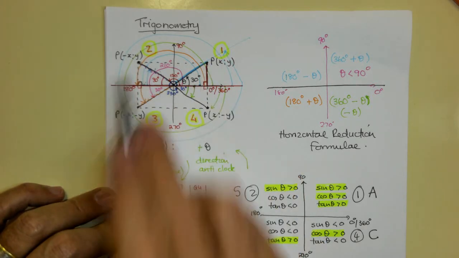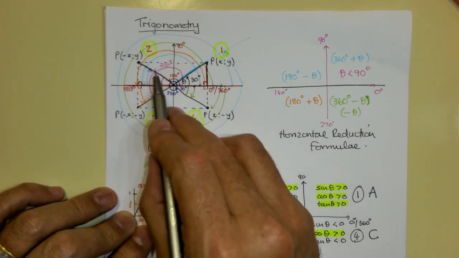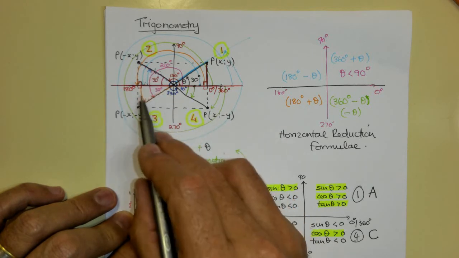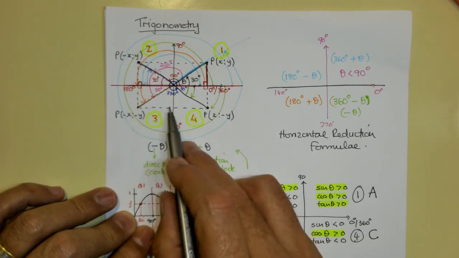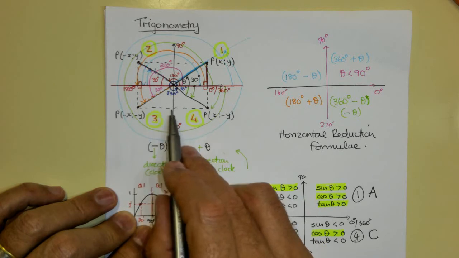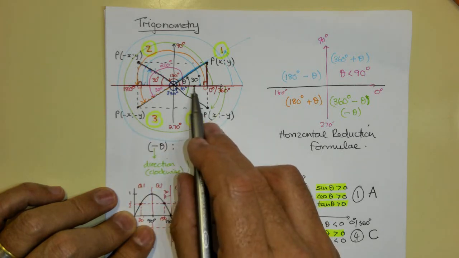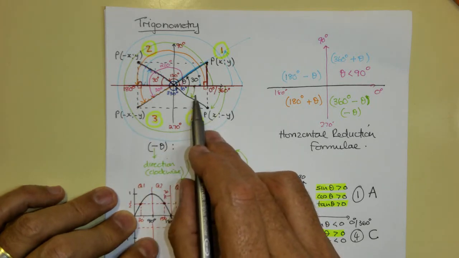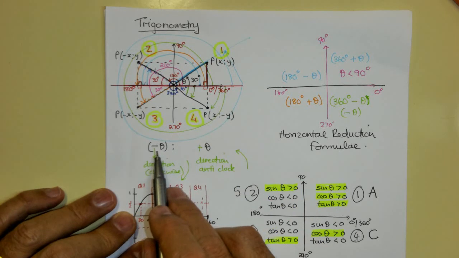It's reflected in the vertical line. We can think of it as a bounce off or a bounce on if it's in the third quadrant, and in the fourth quadrant we can bounce down first of all, which means we're working with the negative angle.